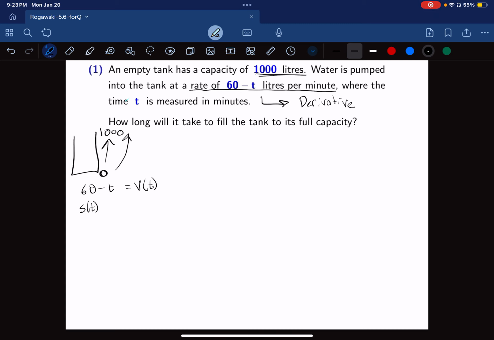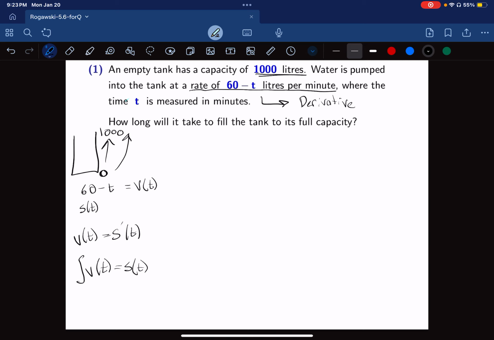So we already know that since velocity is the derivative of the position equation, we also know that the integral of the velocity formula would be equal to the position equation.